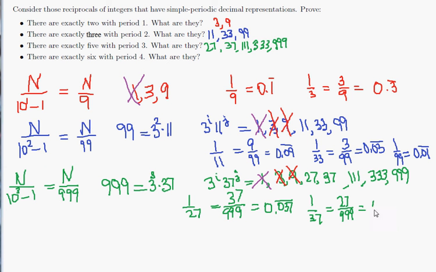And that's equal to 0.027 bar. And I'll leave it for you to check the other 3, to write them in something over 999 and to confirm that you get the decimal representation that you expect.